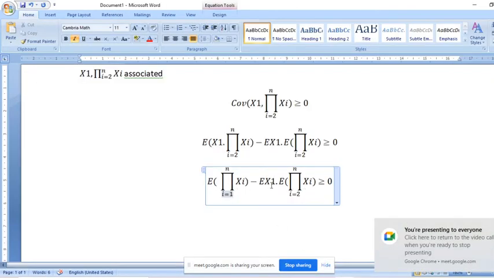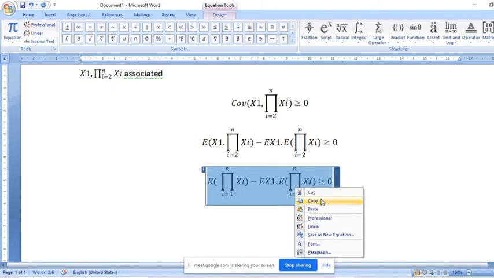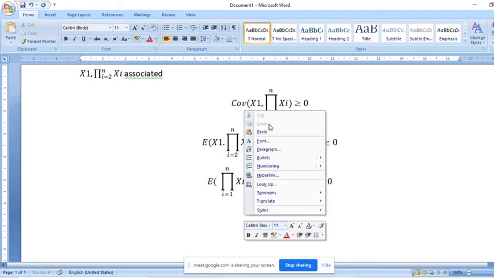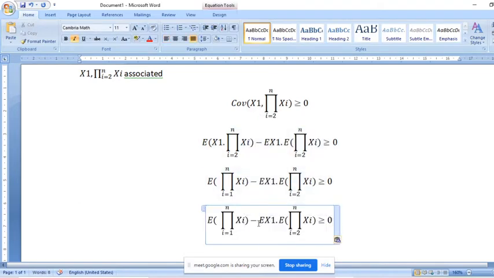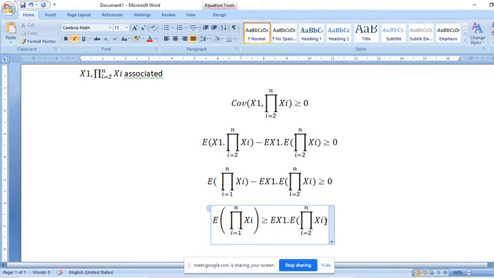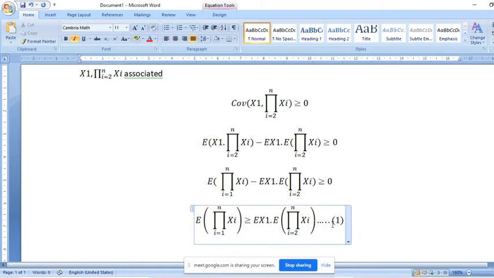Okay, so this is the simplified form. You can simplify this one again. What will be the answer? Yeah, greater than or equal to comes here. Okay, so this is the formula. You can call it equation number 1.